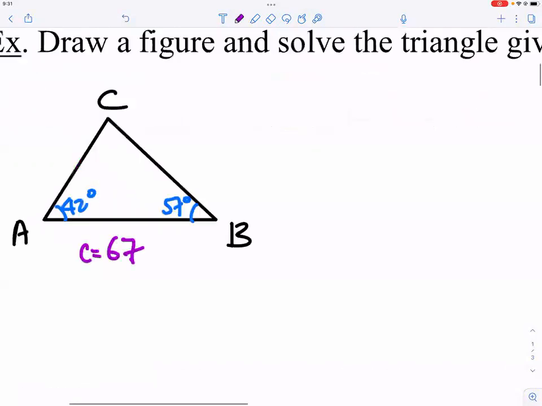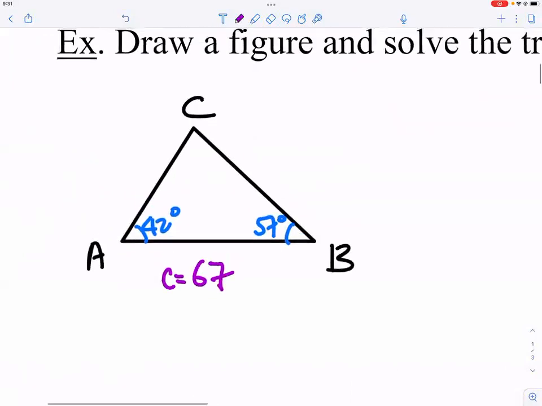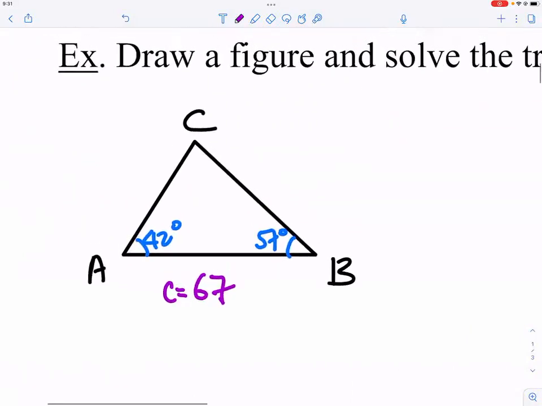Now, before I go too much further, let me ask you a question. Is there any information right here that you can obtain, but it's not listed or labeled at this moment? What is that piece of information?